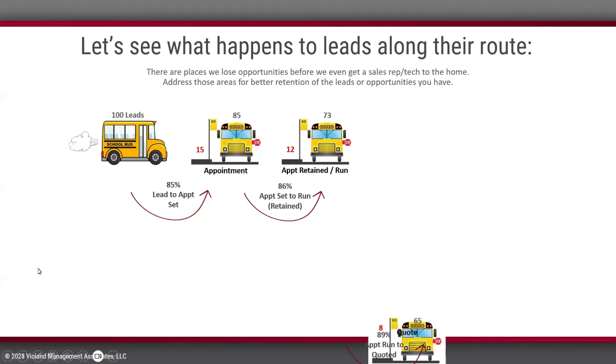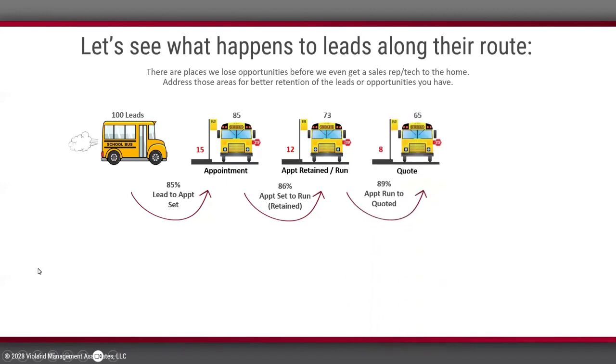Okay, cool. So we get to our 73 appointments, and then we get to the next bus stop, and 8 leads got off the bus. Why did 8 leads get off the bus now? Well, even though we went to the appointment, that represents the 8 leads where we never gave them a quote or a proposal or an estimate.